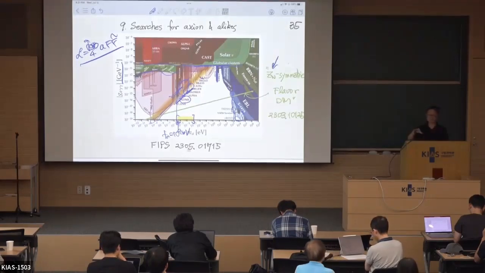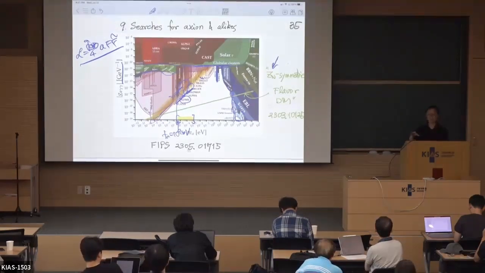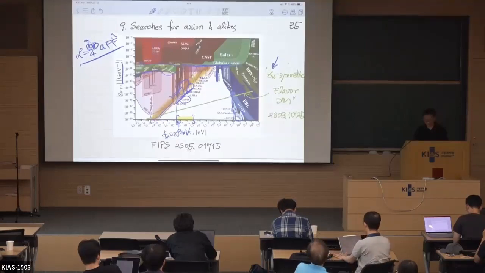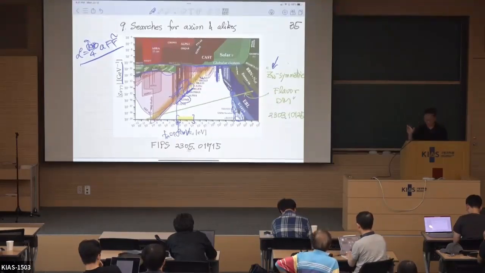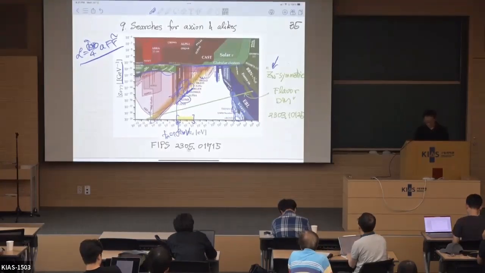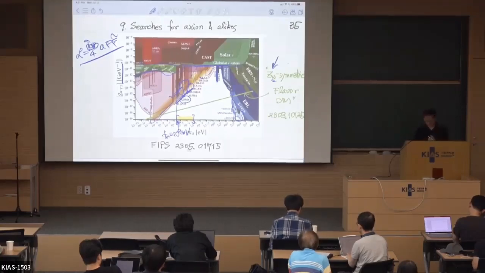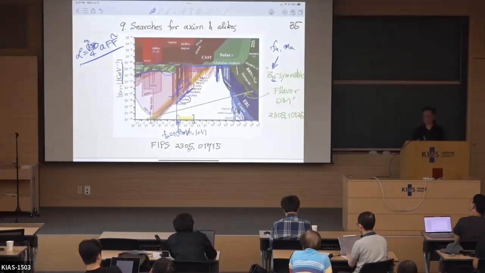Since we have only Z_N, we can have a Z_N invariant potential for the complex flavon field. So the phase field of the flavon field can be exactly an axion-like particle. Depending on the number N of Z_N, you can have different f_a and different mass. So this is the line we are having in this particular type of axion-like model.